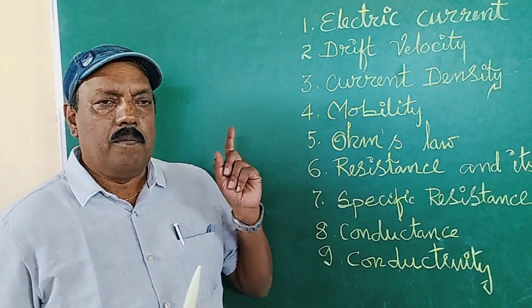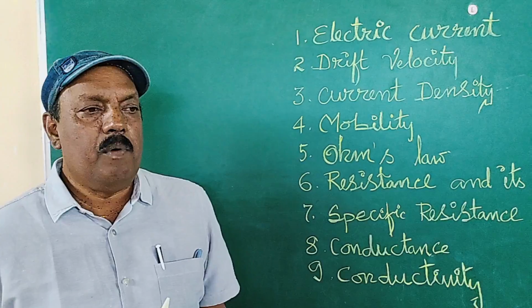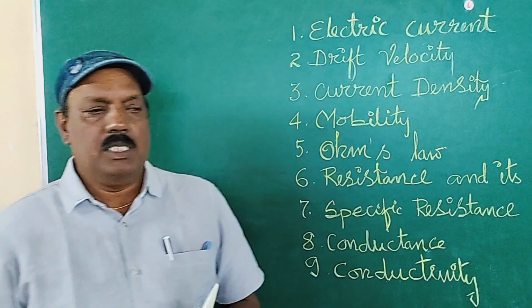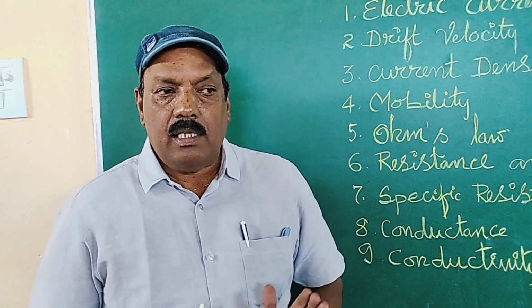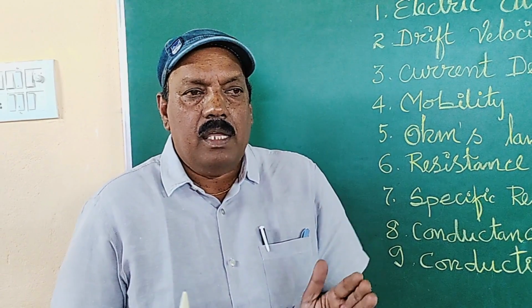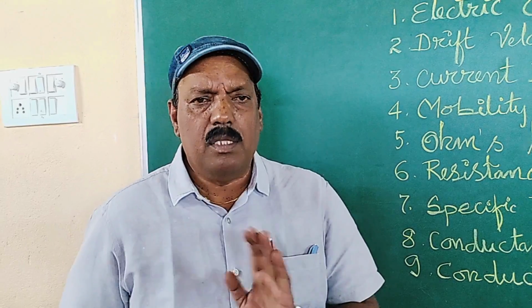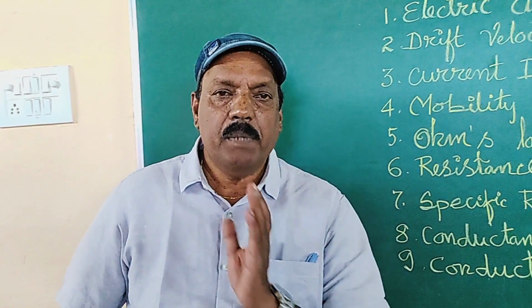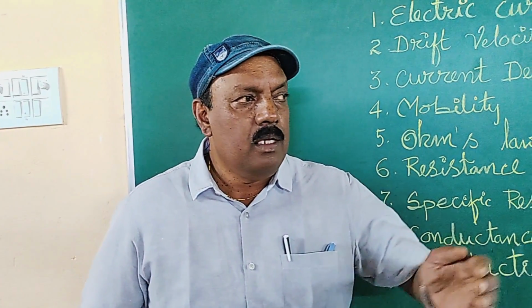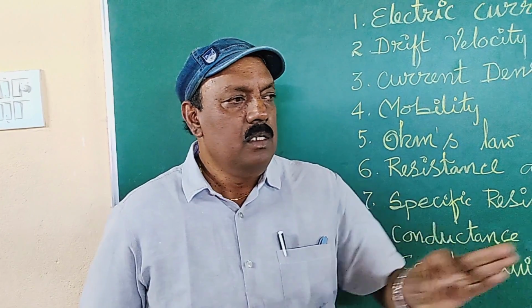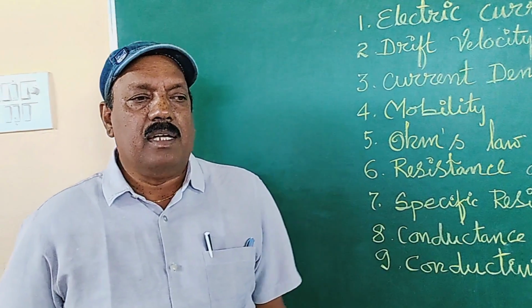Now, the concept of number one, electric current. Electric current is the rate of flow of electrons in a conductor. That means what speed the electrons are moving in an electric conductor.